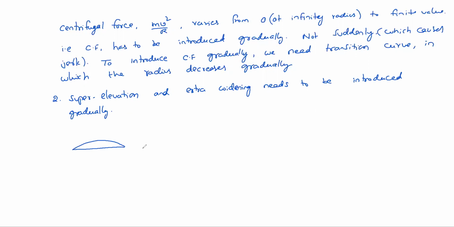Then gradually in transition curve, the cambered section, see this portion, in next stage it may go like this, in next stage like this, and finally super elevation will be introduced like this. The cambered section will be changed to super elevated section gradually, or in some other fashion also you can do.